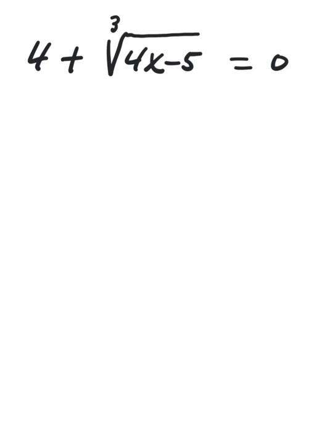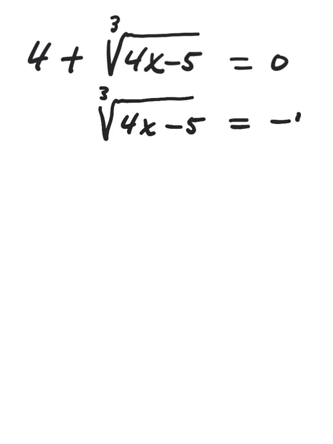Like we did in the last example, we need to isolate the radical term, subtracting 4 from both sides. Zero minus 4 is negative 4. This time, in order to remove the radical, we're going to cube both sides.